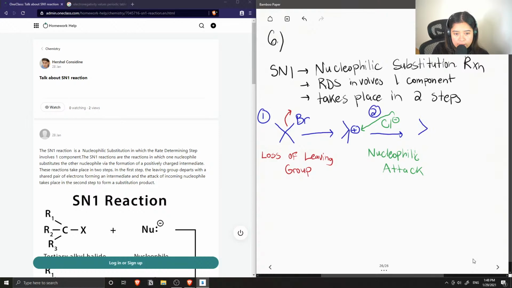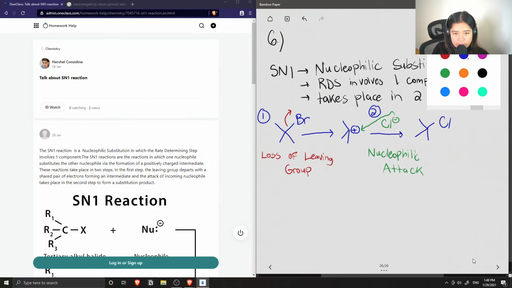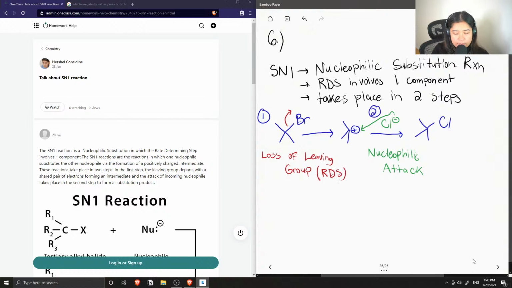And our final product now has a chlorine group. That can be any nucleophile, but I just used chlorine for the example. The loss of our leaving group is known as the rate determining step.